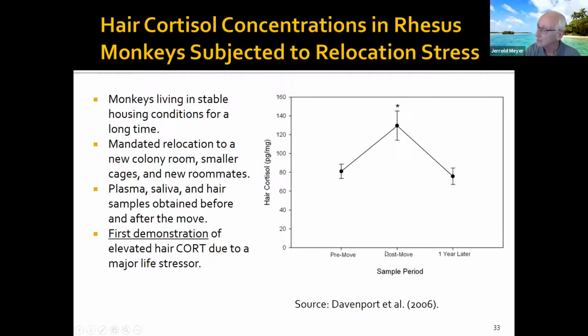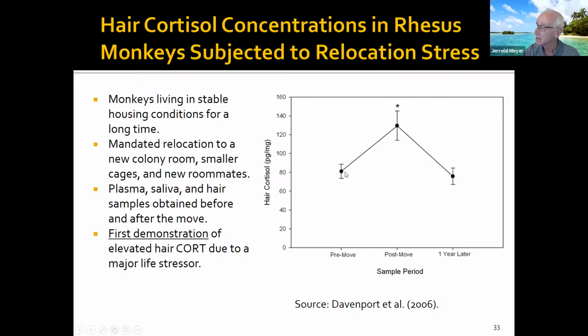Then 2 months later, they were anesthetized again and we shaved hair from the exact same place. This was really important because it meant that the hair we measured cortisol in here had to have grown during the 2 months since they had moved. Then we shaved the same spot again a year after the baseline.